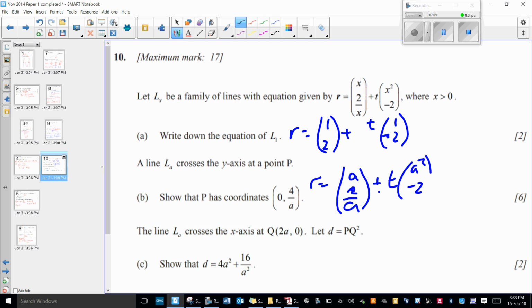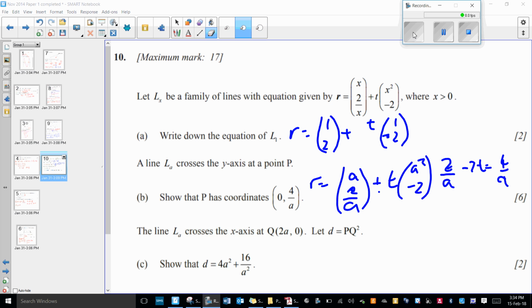Then our y-coordinate is this second one here, so that's 2 over a minus 2t, and that equals 4 over a. We need to show it.